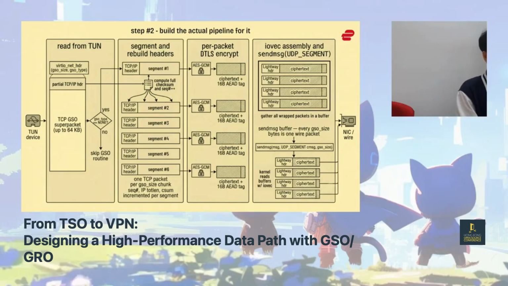And then we do the core encryption part that people know mostly about. After the packets are encrypted, we just collect all of them and wrap them in an iovec. And then we pass it along to the network card.